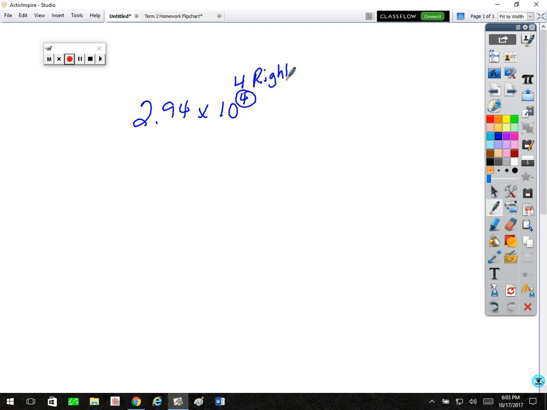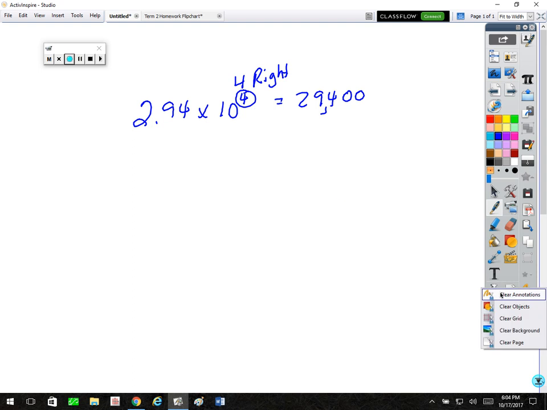So just move my decimal 4 places to the right. If I write my coefficient, I've already got it moved 2 places. So 1, 2. I've got to move it a total of 4, so just add 2 more zeros. 1, 2, 3, 4. So 2.94 times 10 to the fourth power is equal to 29,400 in standard notation. So you're just moving it back and forth.